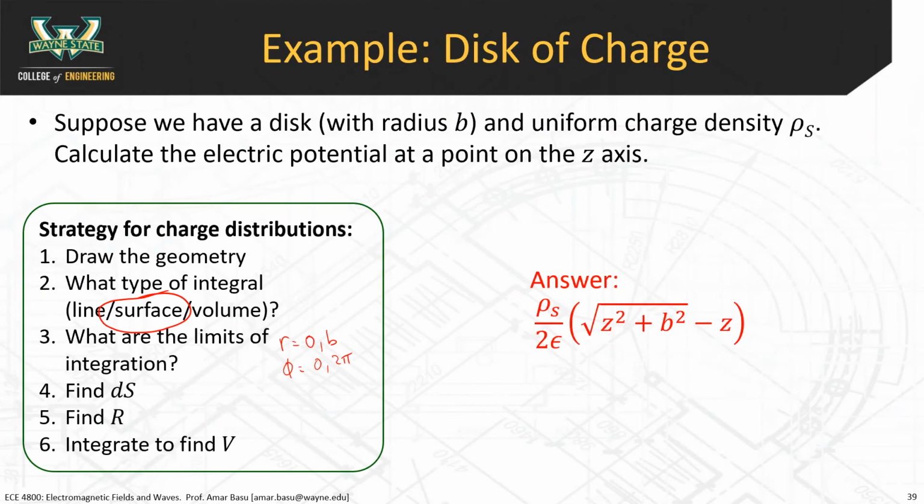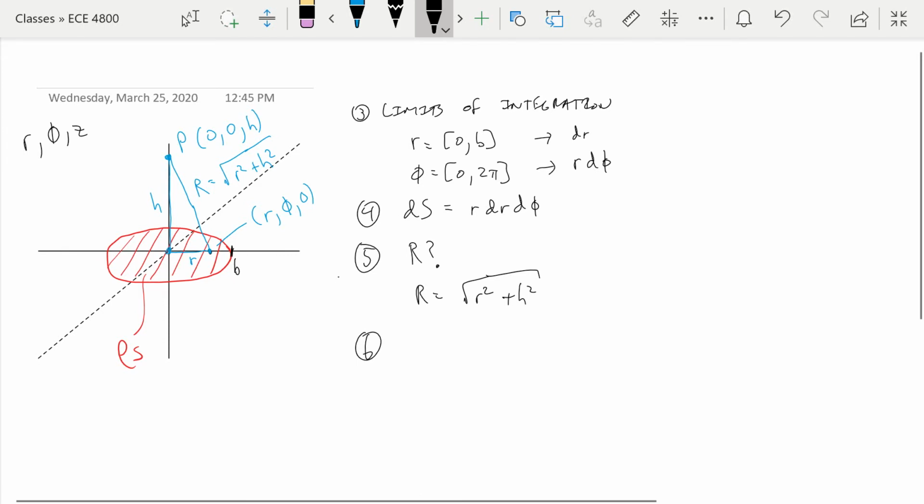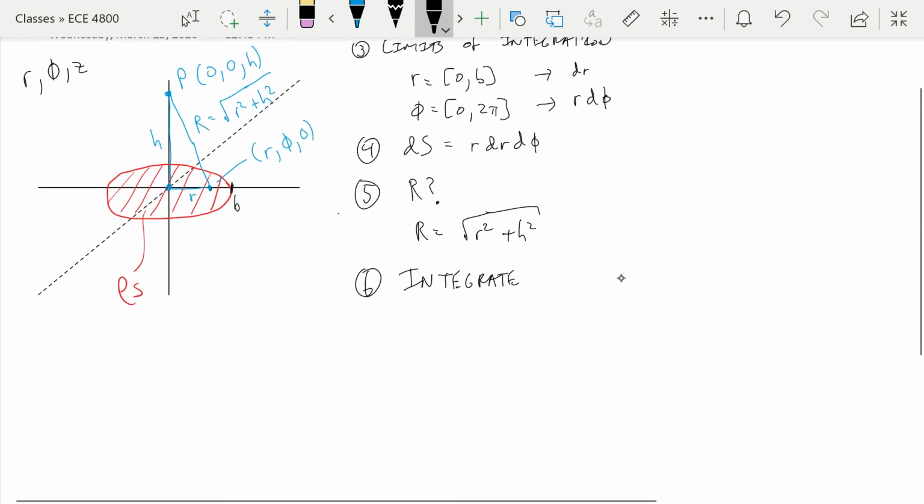We found ds, we found dr, and now we just integrate to find the voltage. All right, so now we are going to integrate.